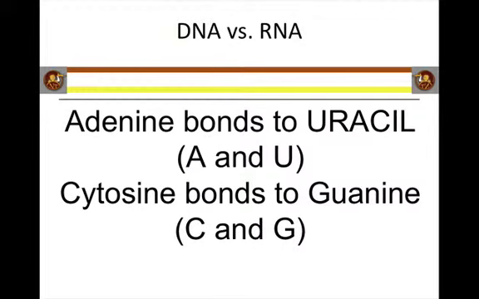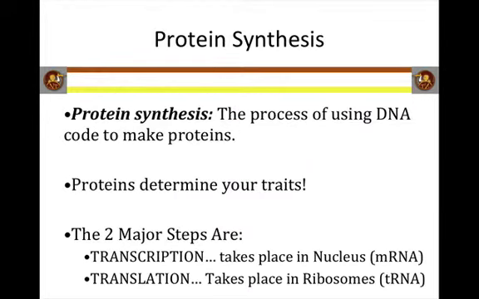So what is protein synthesis? It is the process of using DNA code to make proteins. Proteins, as we know, are found in meats, cheeses, eggs, milk, types of things like that. Proteins are everywhere. They make up your entire body, and they determine your traits, like your eye color, your hair color, the length of your fingers, how your fingernails grow, how your teeth are going to look, all that stuff.